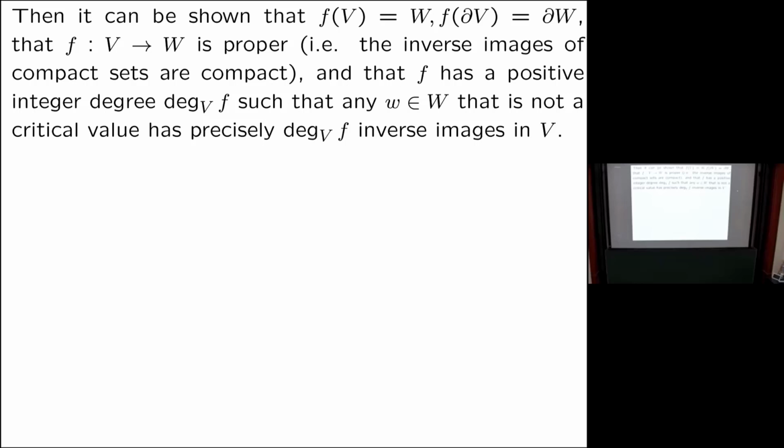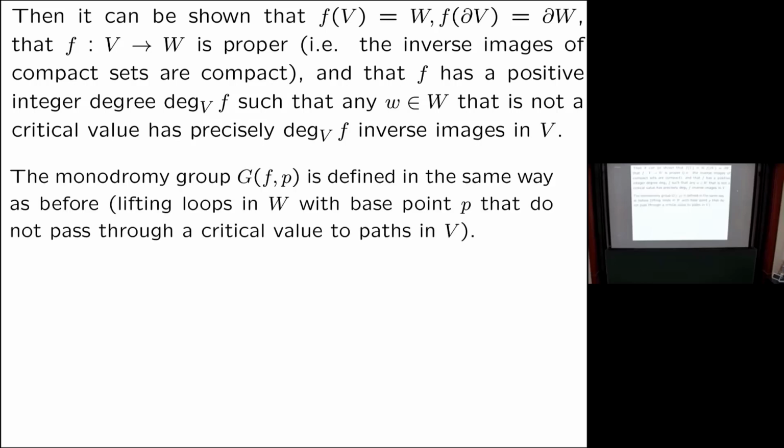And if it's a proper map, then general results tell you that it has a positive degree, so that for any w in W that is not a critical value, it has precisely degree of F inverse images. And so that means you can play the game with the monodromy group. You define it in exactly the same way as before. You lift loops in W with base point P that do not pass through a critical value to paths in V.